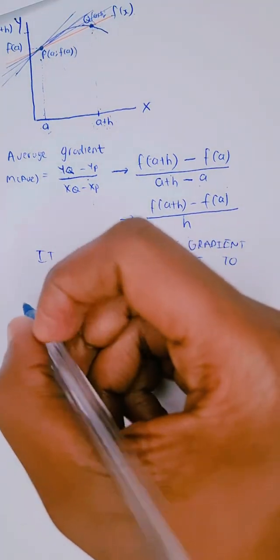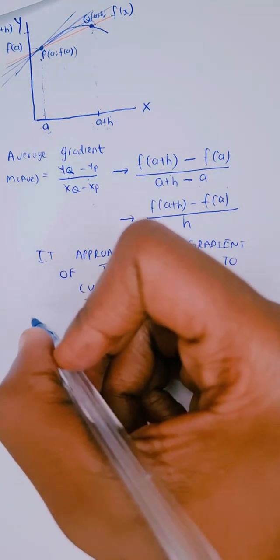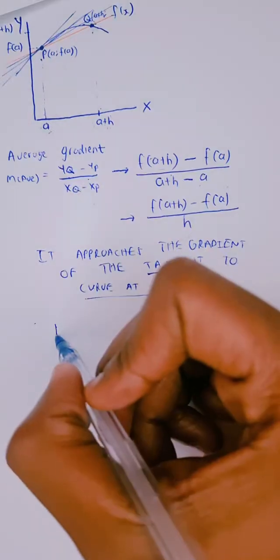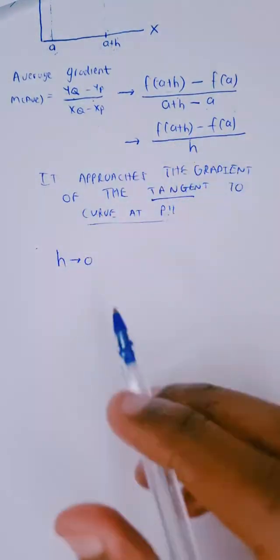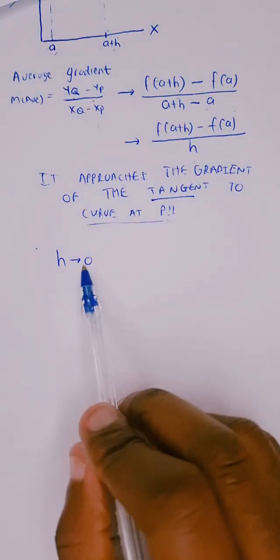And what do we do? We let h tend toward 0.